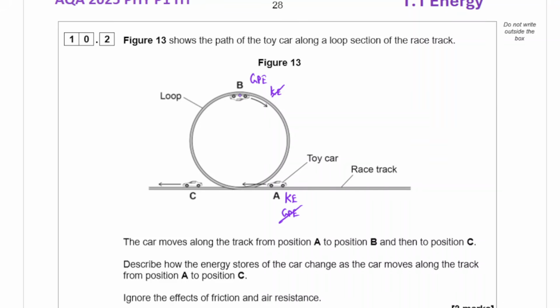Right at this point, and then it's starting to fall. So the GPE is then being converted. So right at this spot, all of it is GPE. There's no KE, and then it's actually falling. Here it will have kinetic energy, no GPE.